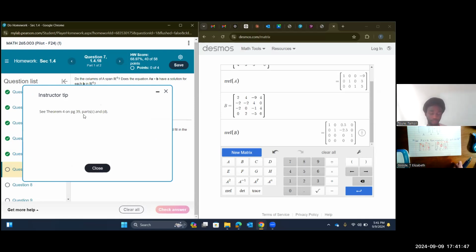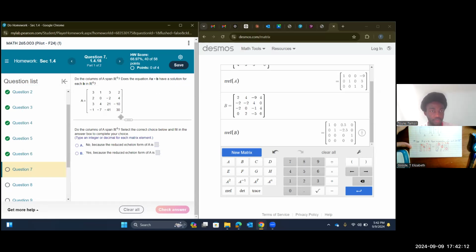See, that's Theorem 4, which was so important. I know it's a pain, but I wrote Theorem 4 in the notes. The statements are logically equivalent. It means if one of those happens, all the other ones happen. If one of those is false, then they're all false.